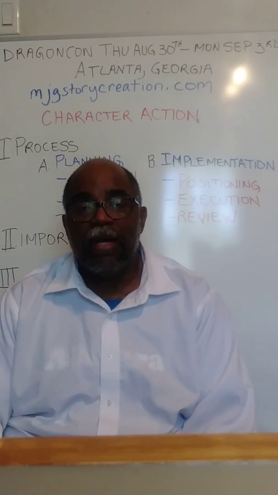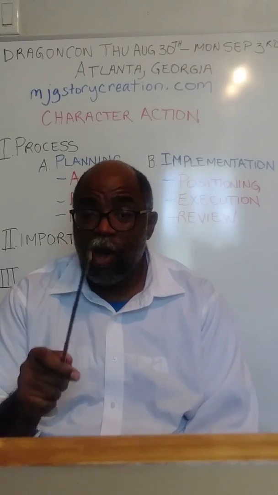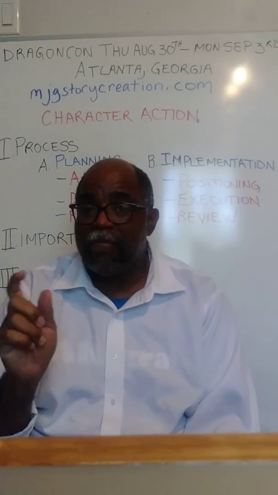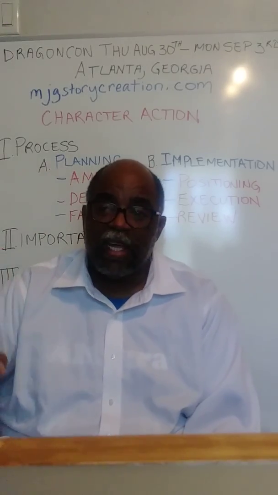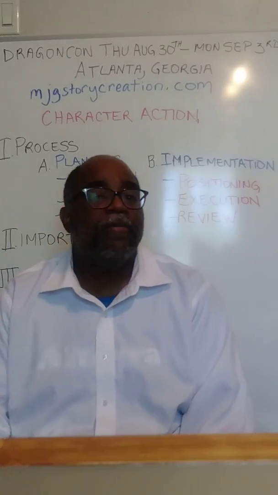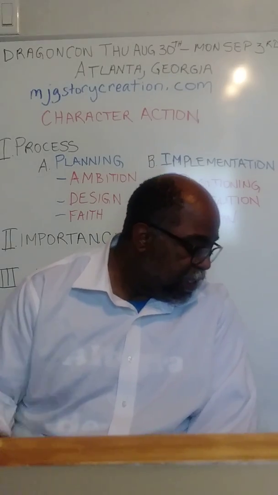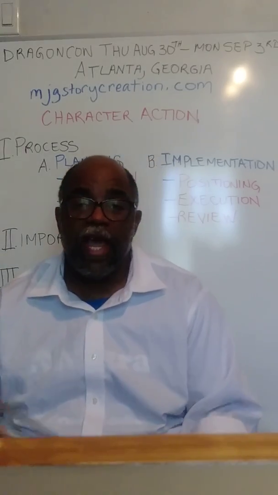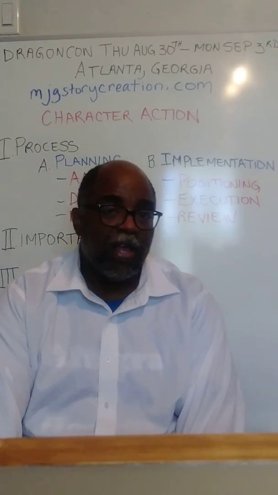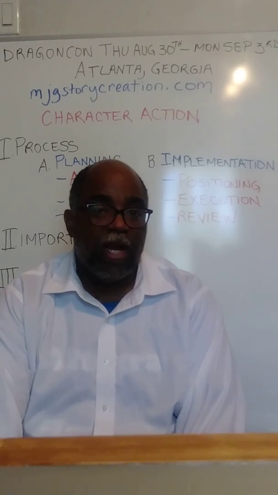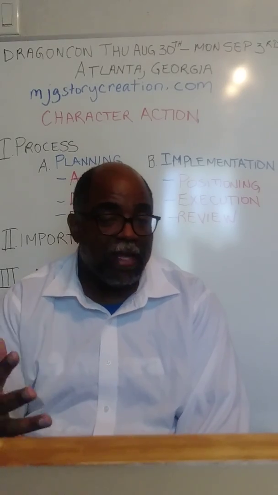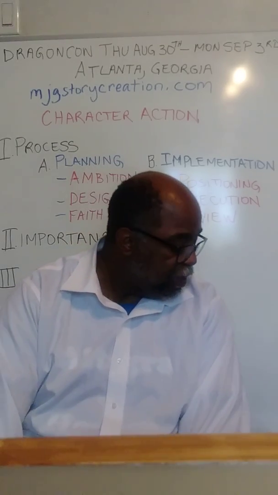We can know that he wants something, but you as the writer have to know what he or she wants, because you have to then take those 5-second moments in order to drop the important 5 seconds that give the audience members the clues, but of course, when you do the big reveal. Next is design. So you create the best path to achievement. So you have your objective, now you're designing the best way to go about it. Again, you may not see all of it. It's a moment-to-moment thing, but it has to be there.